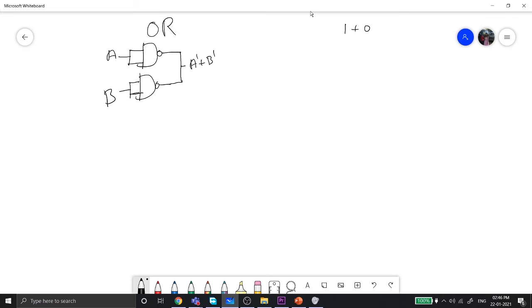If 1 plus 0 equals 1, 0 plus 1 equals 1, 1 plus 1 equals 1, A complement will be 0, 1 equals 1, 1, 0 equals 1, and no, A complement plus B complement is not equal to A plus B whole complement. But let me think. Let me attach a NOT gate here and let's see what happens.